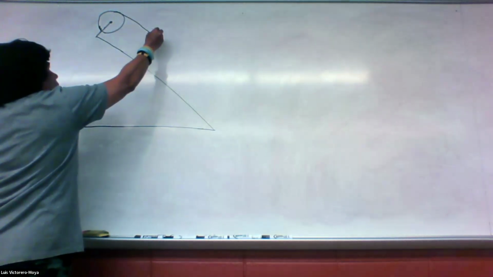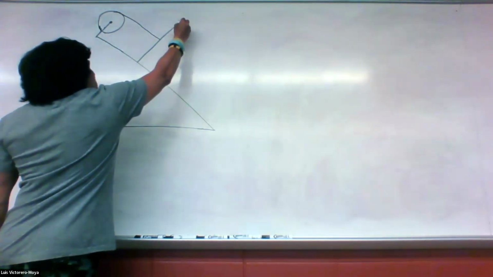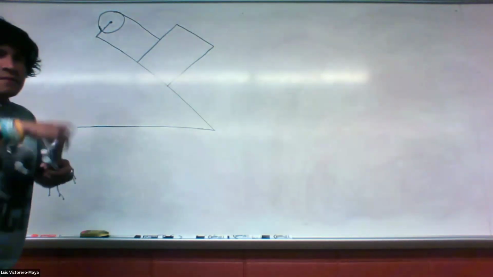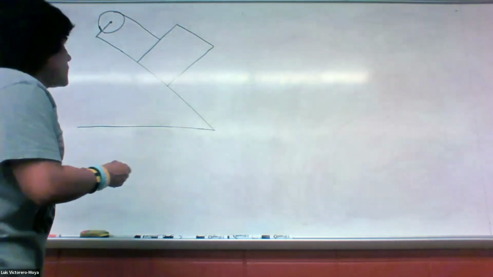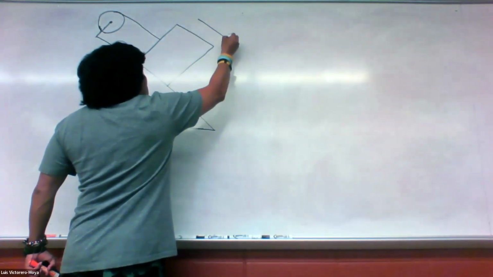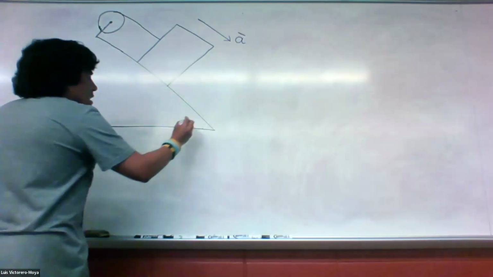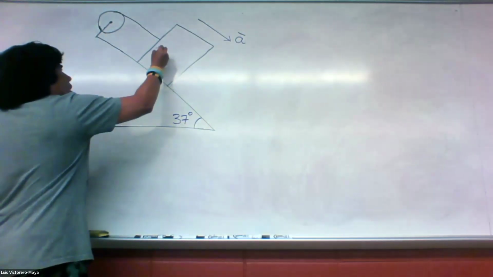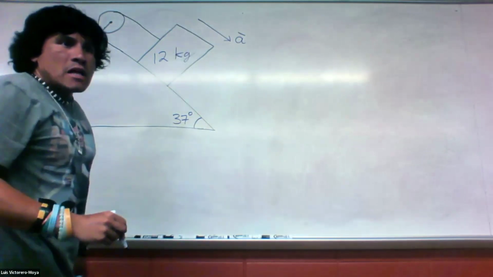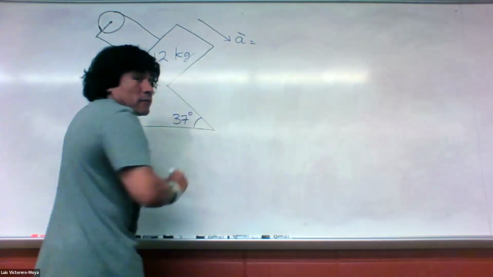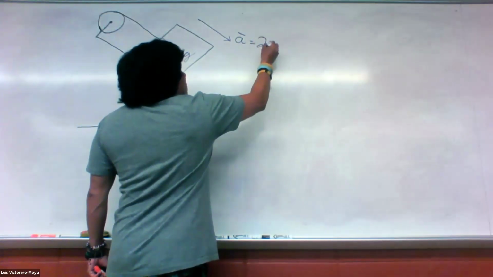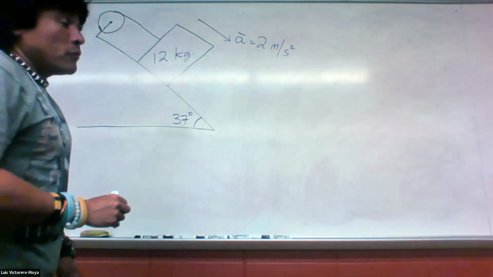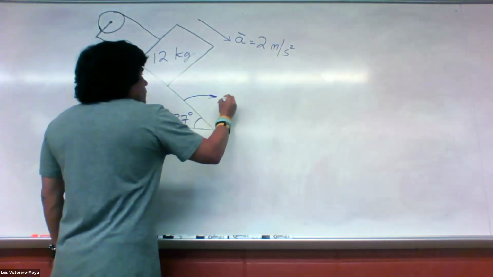And there is a string, and there is a box here. Now, the pulley has a certain amount of rope, so the box is indeed accelerating downwards. The angle here is 37. The mass of the box is 12 kilograms. They give you a lot of things here, 2 meters per second squared. And they make it too easy because they don't put friction here, and I would put friction. But no friction, mu k is 0.